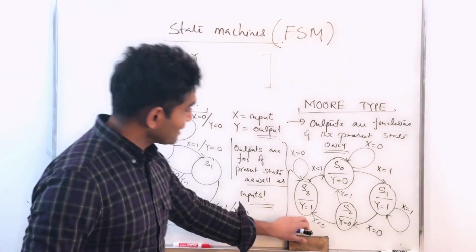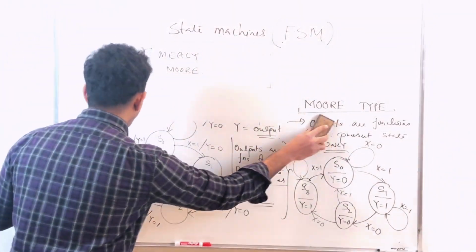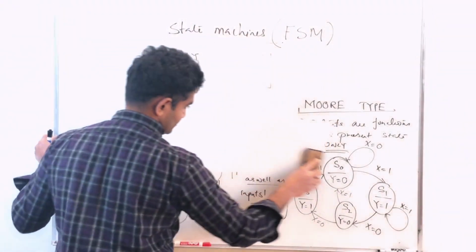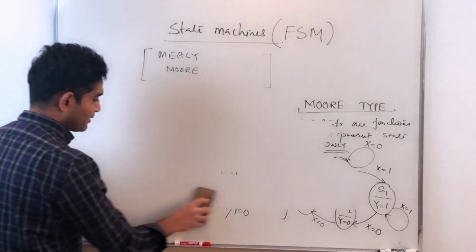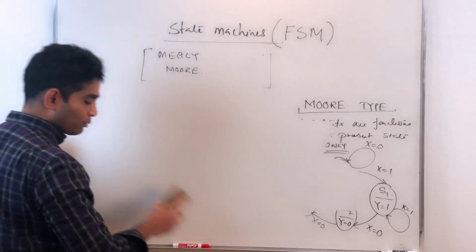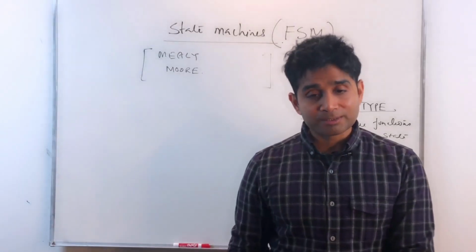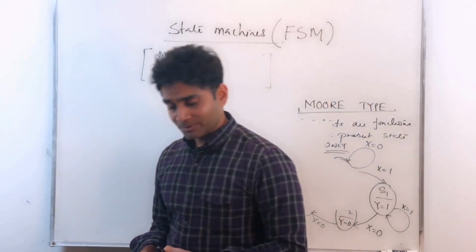Okay, so with that, let's look at some additional examples. How about implementing a counter? Now, we have looked at an example of a counter before. We have implemented a counter as a ripple counter, a synchronous counter, right?